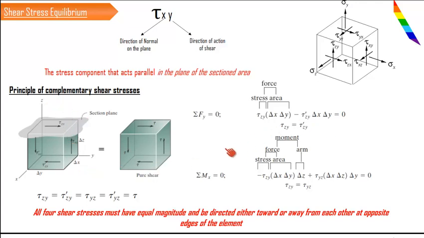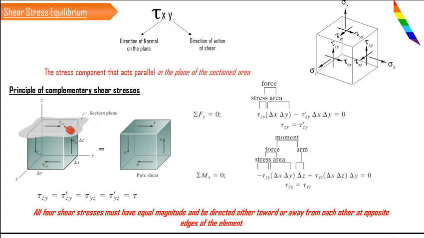So for that case, let us take the tau zy condition. This tau zy normally is acting in the z direction and stress is directed towards the y. So we have to sum the forces in the y direction. Y is this direction. So it should be equal to 0 according to the equilibrium condition. Now these are stresses. We have to find out the forces.